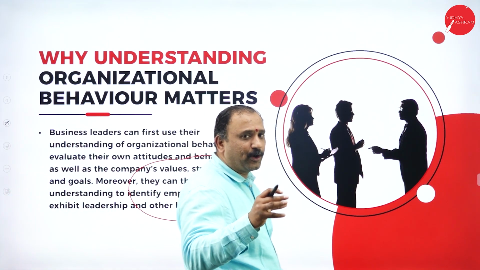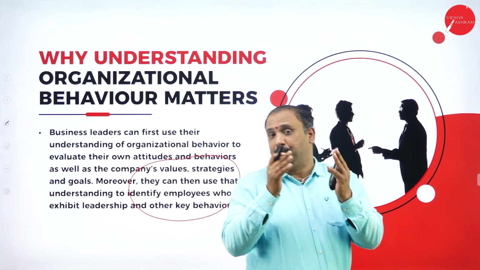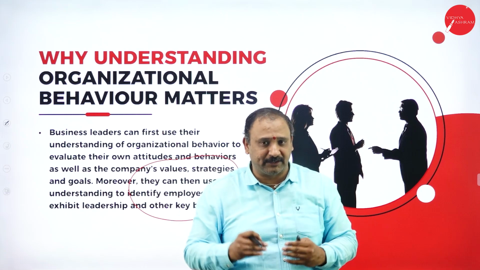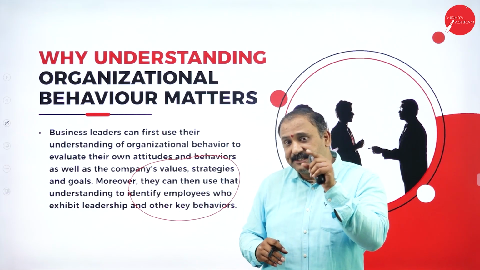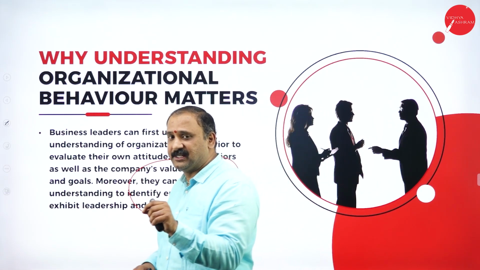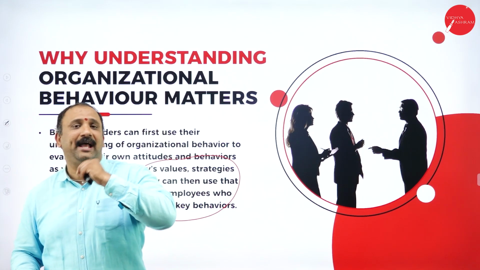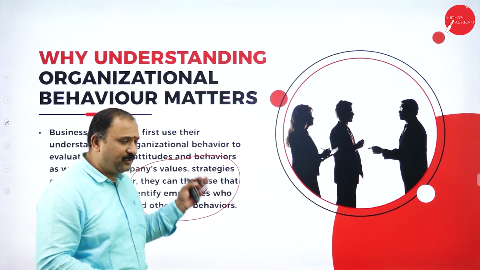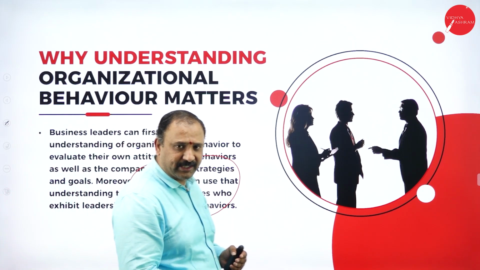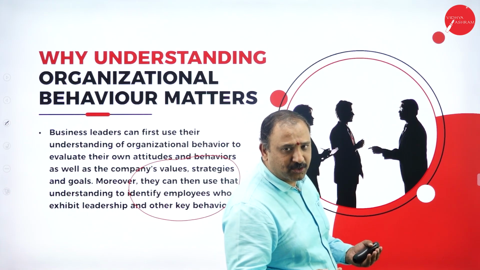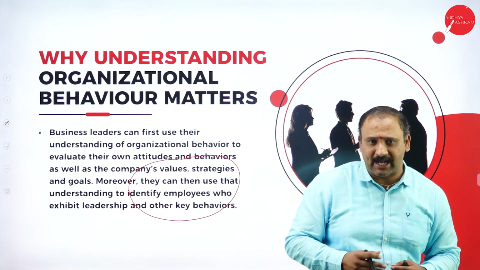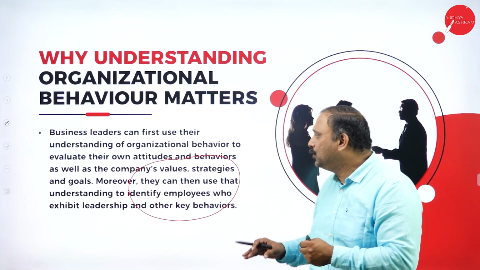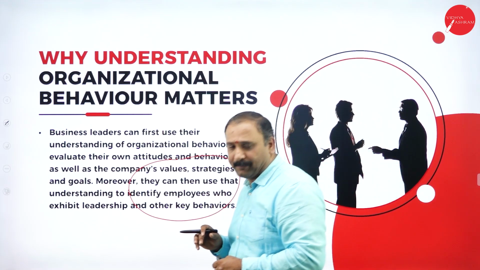Now, whenever we talk to our seniors, from a management perspective, from the levels of authority and designation, it is very important how we address them, what kind of attitude and behavior we show in front of them. And whenever there is a meeting or a social gathering or a team huddle going on, how do we take ourselves forward? So organization behavior helps you to evaluate your own attitude and behavior.